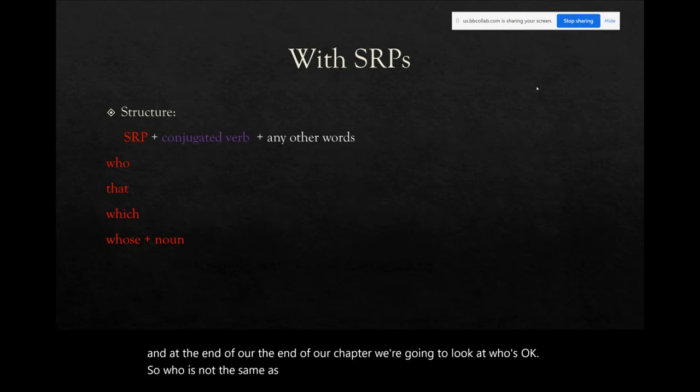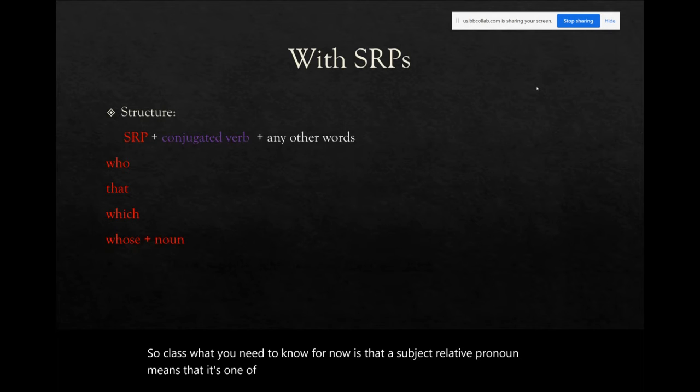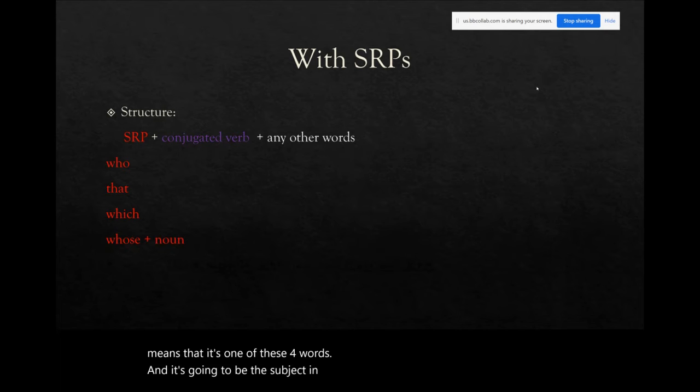They're very different. Whose plus a noun. So we'll come back to that one. So class, what you need to know for now is that a subject relative pronoun means that it's one of these four words and it's going to be the subject in the clause, in the adjective clause, okay?